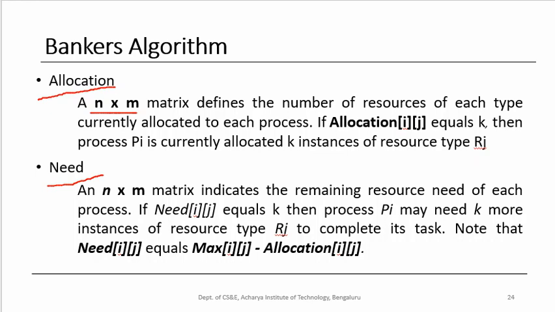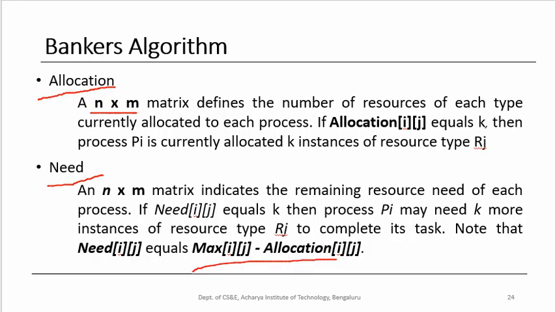This need represents how many more instances of a particular resource type are required by a process. How can you calculate the need? We know the maximum number of instances of a resource type required by a process, and if you subtract how many are currently allocated to that process, you will get the need.